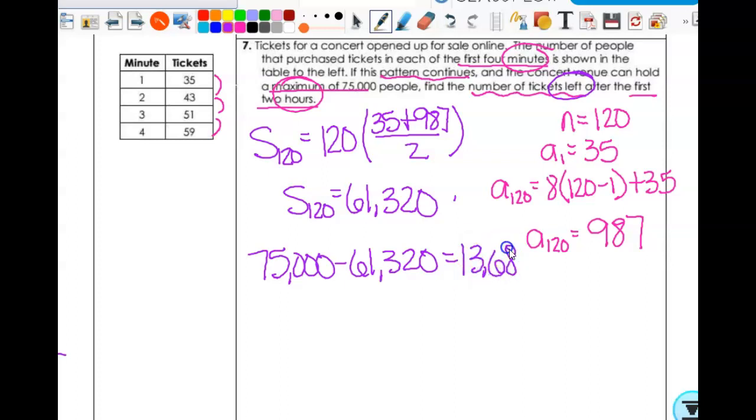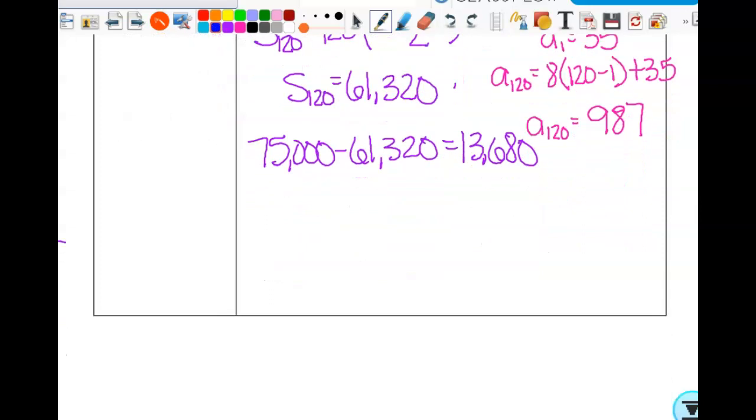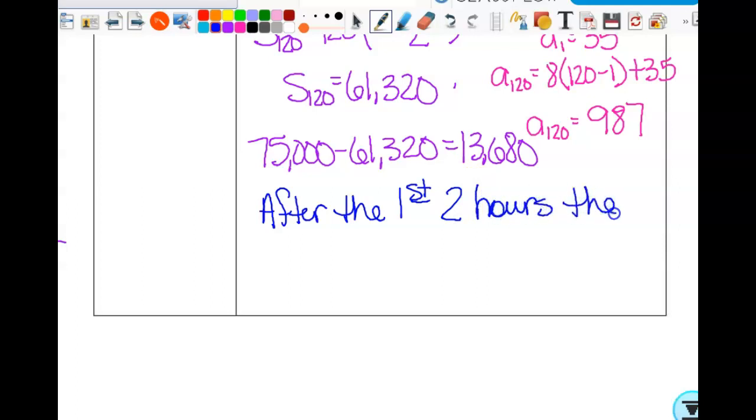We agree with that? All right, so then I have to write my sentence. Let's find the number of tickets left after the first 2 hours. So I can say after the first 2 hours, there were 13,680 tickets left.